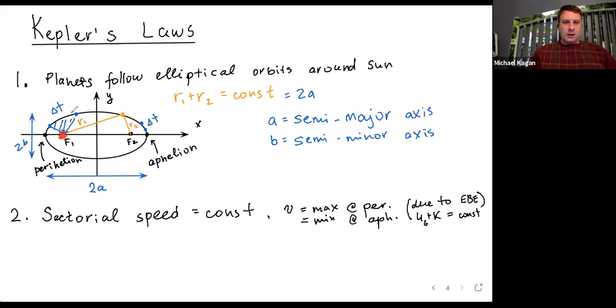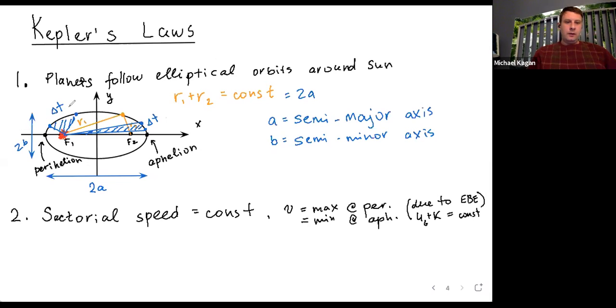But if you shade the sectorial area, oops, not this one. So you need to do this. Yeah, so if you consider this narrow, long triangle or sector, this area is actually equal to this area.